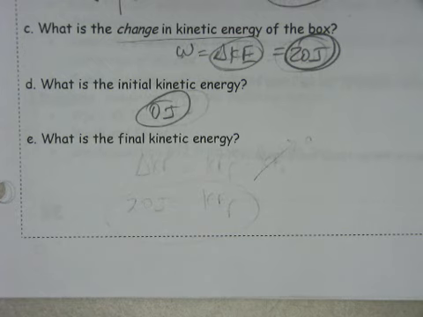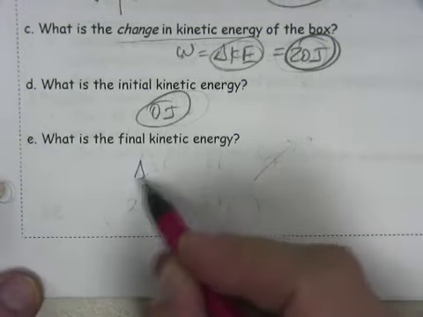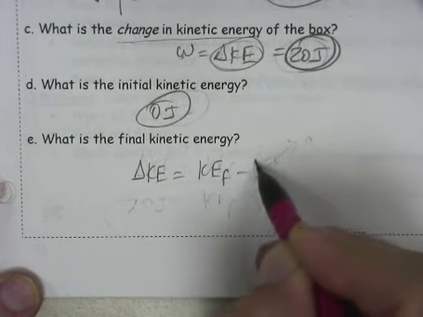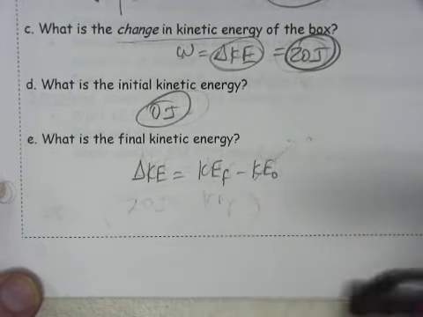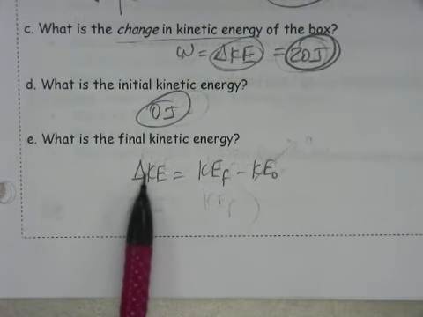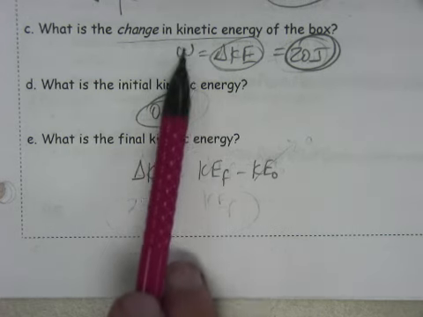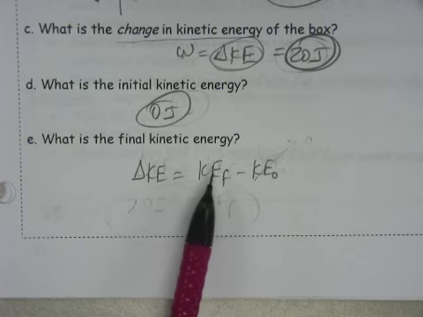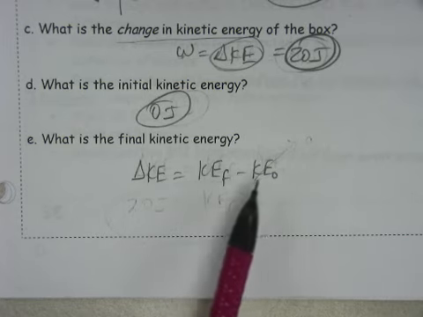All right, part E. What is the final kinetic energy? Well, this requires you to recall what change in kinetic energy is. Remember, change in kinetic energy is equal to work. We did that here, but you can also unpack that and say a change in kinetic energy is equal to final kinetic energy minus initial kinetic energy.